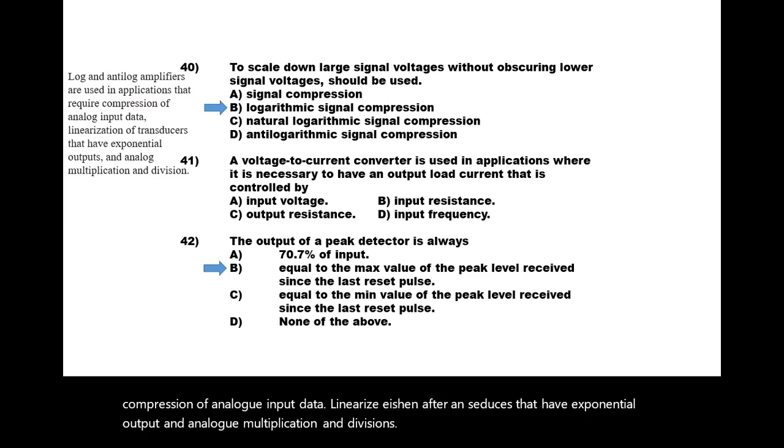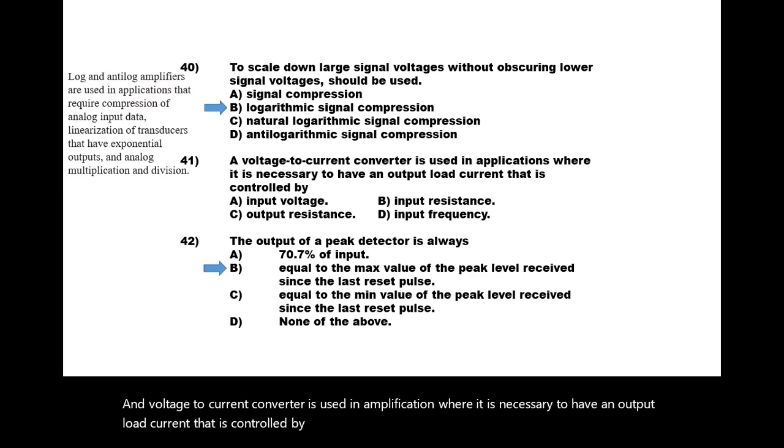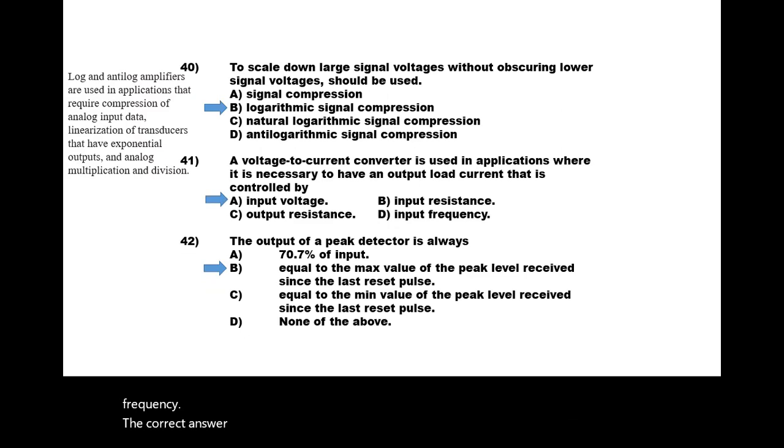A voltage to current converter is used in applications where it is necessary to have an output load current that is controlled by input voltage, input resistance, output resistance, or input frequency. The correct answer is controlled by the input voltage. Question 42.